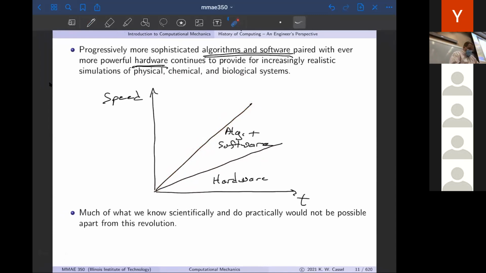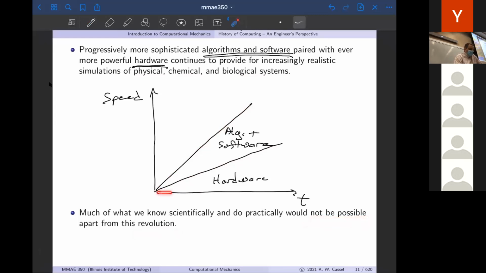This is great. So that's why there's been tremendous growth and progress in numerical methods, scientific computing, in engineering and science. And this is not an overstatement at all, but much of what we know today, scientifically and from an engineering point of view, would not be possible if it wasn't for this digital revolution.